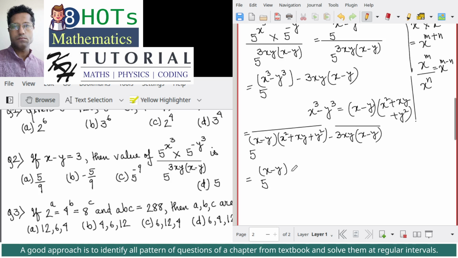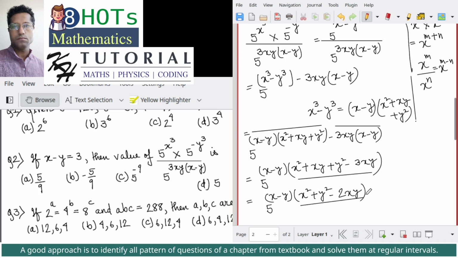So I will factorize the power taking x minus y as the common factor, and it will be x minus y multiplied by x square plus xy plus y square minus 3xy. Now I will simplify this part, and it will be x square plus y square. I have xy and minus 3xy, which is minus 2xy.